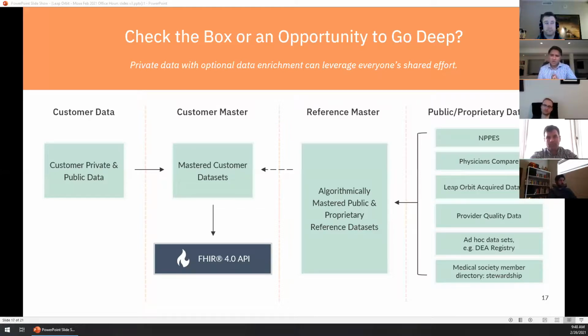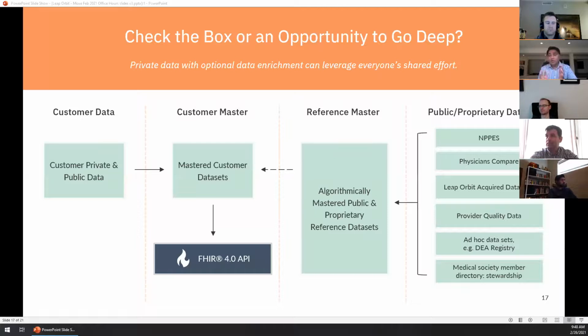So this is what at Leap Orbit we do with our provider directory solution. We bring the reference data set to you, bringing data from many data sources, public and private, and collating, mastering, and then curating that data set so you don't have to. And because we do it at scale, we can do it very cheaply.